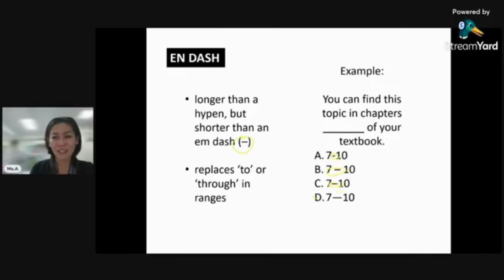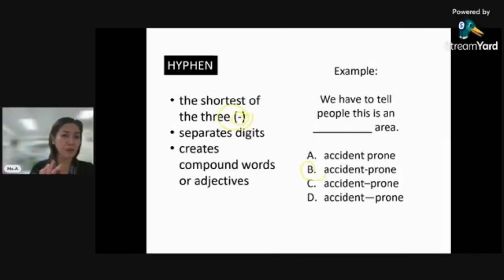Basta alam ko, nilalagyan ko siya ng dash, especially if, kagaya po niyan, pages, chapters, answer your books from pages 1 to ganito, di ba? Alam ko, iisa lang siya. Ganon din, if I am combining two words to make it a compound word, lalagyan ko lang din siya ng hyphen or ng dash.